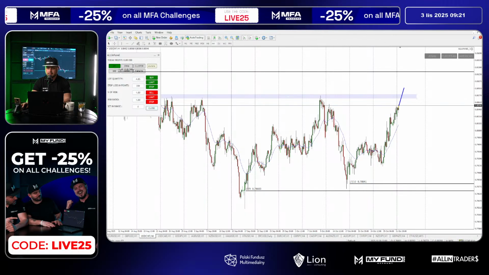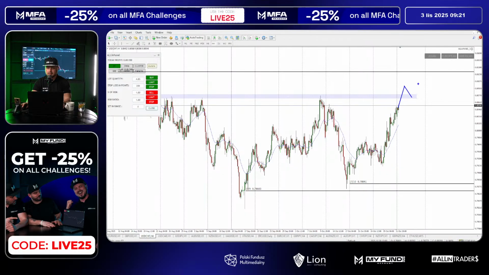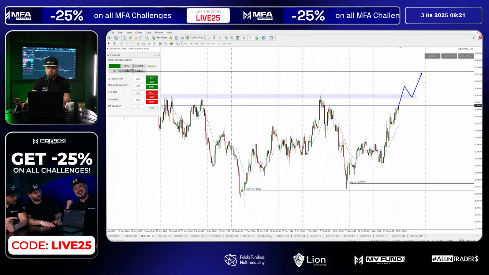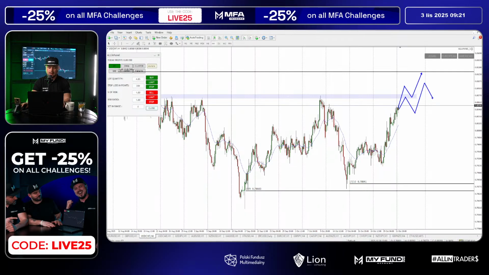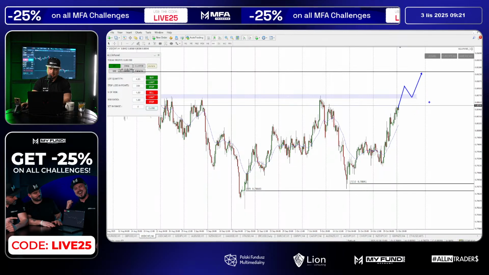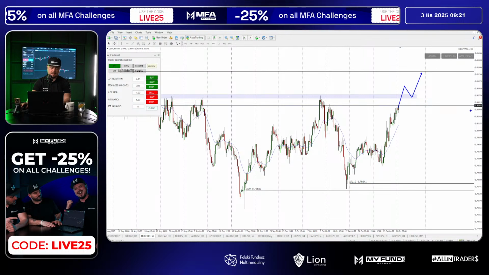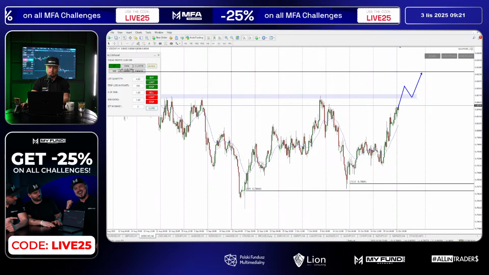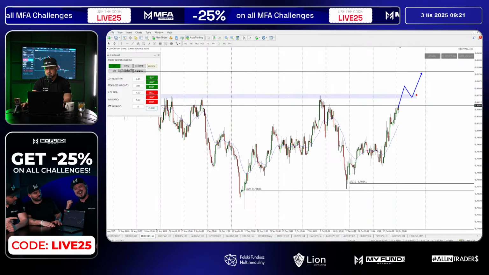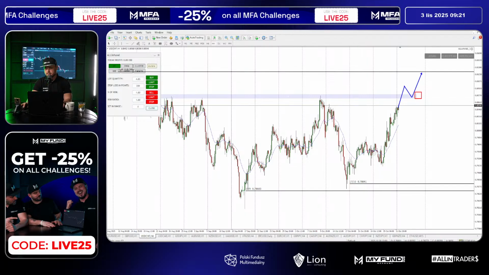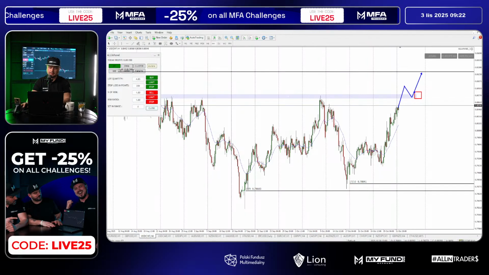So what we are waiting for, we are waiting for breakout. We will see. Maybe we're gonna have reaction here, then we're gonna break through. I'm not sure how this is gonna look like, so we need to wait. But the idea is to break through and retest this support zone. At the moment it is a resistance zone, so we're gonna break through, stop loss, and take profit.